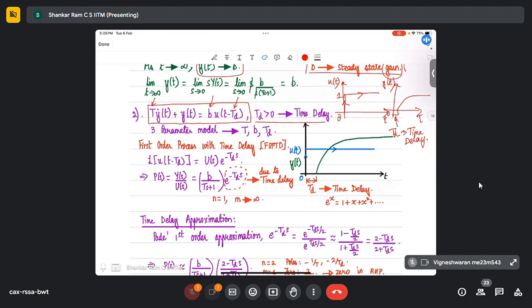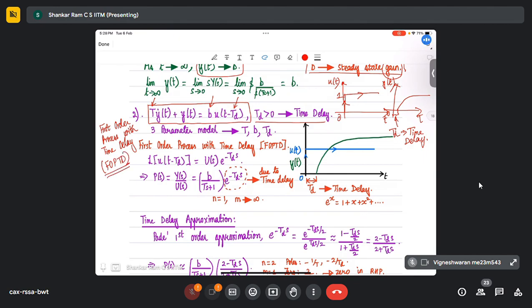All right. I hope all these examples tell us why this model becomes very important, and this model is typically called a first order process with time delay. It is abbreviated as FOPDD.